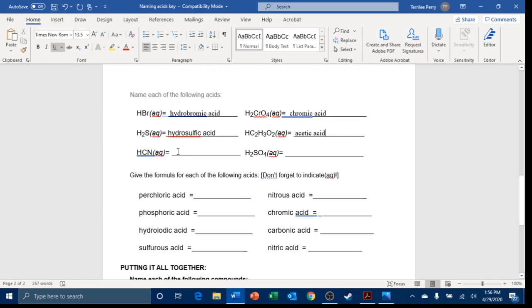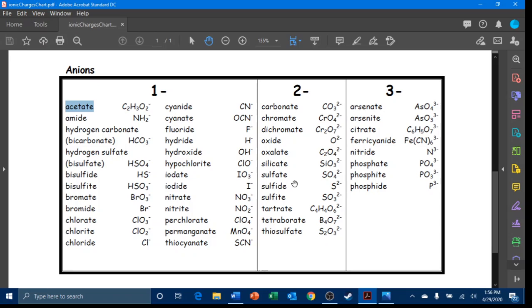Okay, let's do this one right here. HCN. This is not binary, so you don't have the hydro. Let's look at CN and see where that one is. I hope it's on my chart. You're probably screaming at me because you see it. Oh, I don't think this one's on here. Well, I'm not going to give you... Oh, there it is, cyanide. Okay, cyanide.